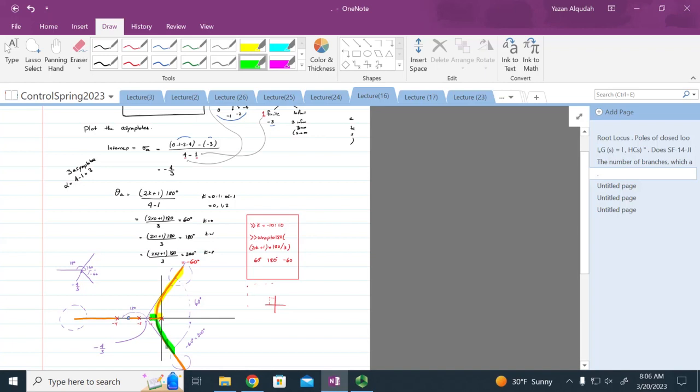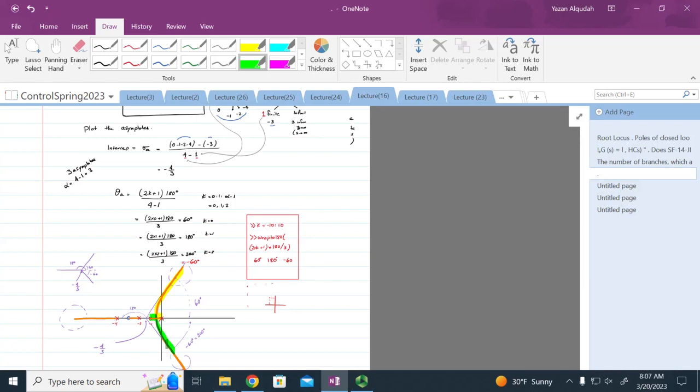Is that clear? There is a branch that's starting at this pole and ending at a 0. There is a branch that's starting at the pole on the left and going to the 0 at infinity. Now, at this point, both of these branches are intersecting. You see that? This is what we refer to as the breakaway and break-in point.